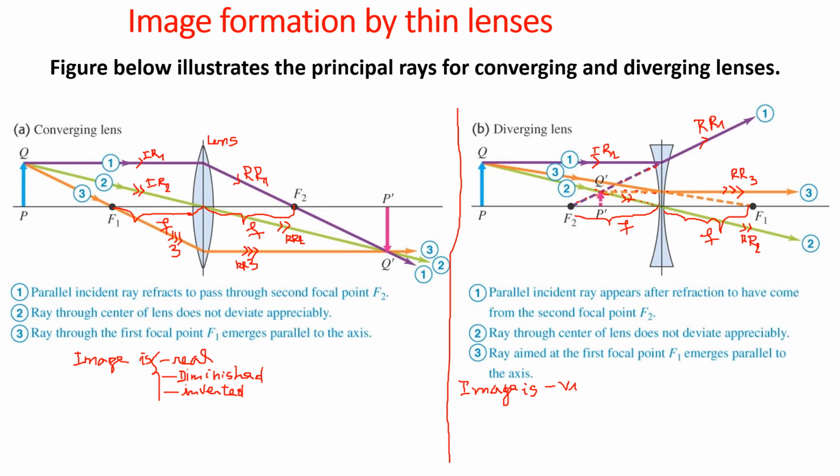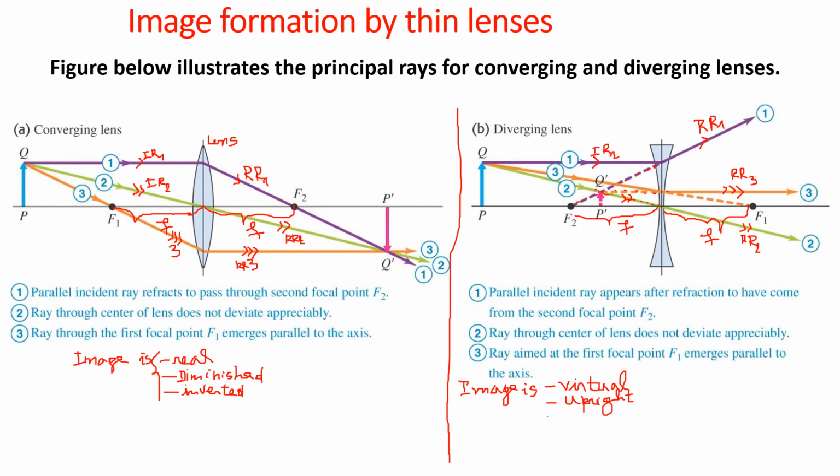Image to be virtual means it is on the same side as the object. Image is always upright, always in the same direction as the object.